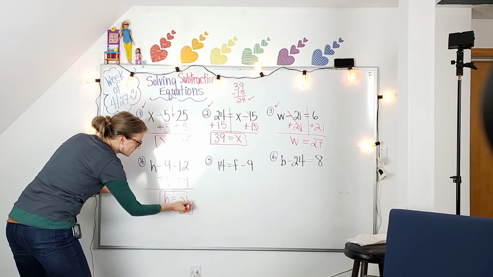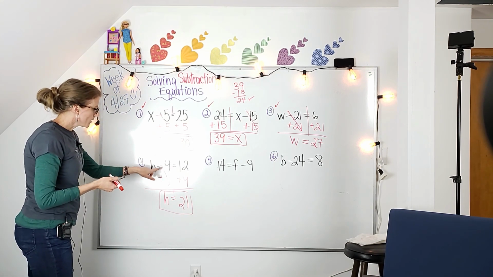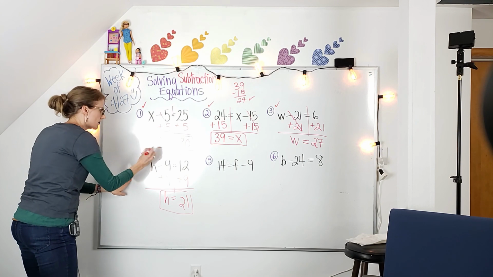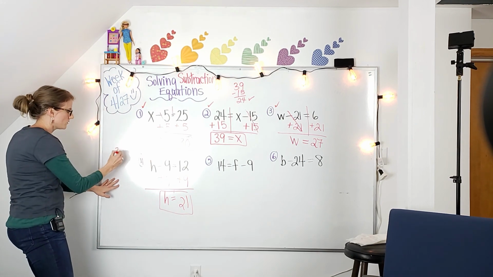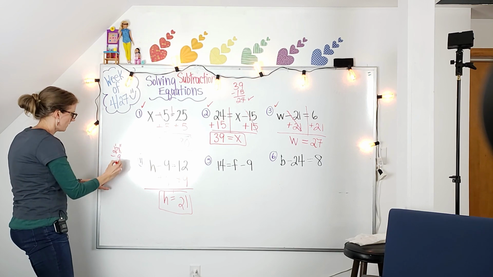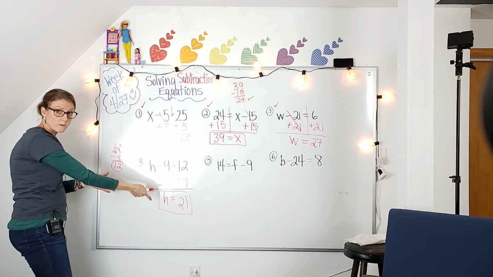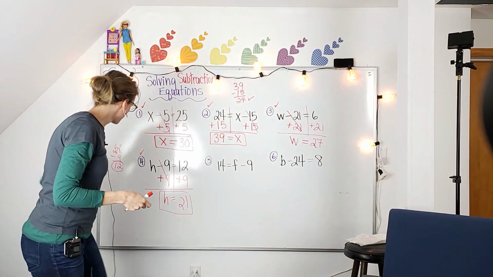We believe the answer to be 21, but we just want to check that. So 21 minus 9 is 12. Yes. And again, you could just go over there to the side, and just to be sure, never hurts. There's the 12 that we had originally, so we know that that number slotted in works. Great.